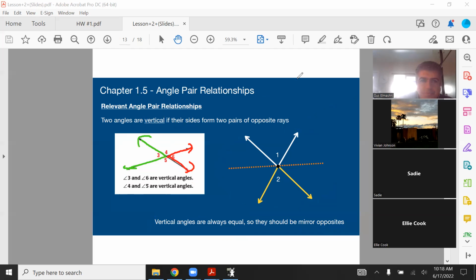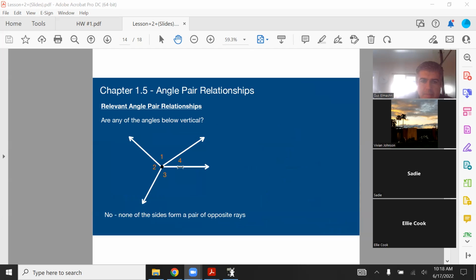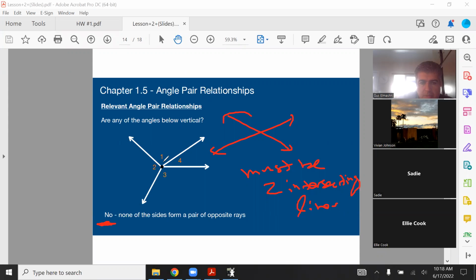Are any of these angles below vertical? The answer is no. So you have to make sure it's two intersecting lines. So for example, that's not a line, right?